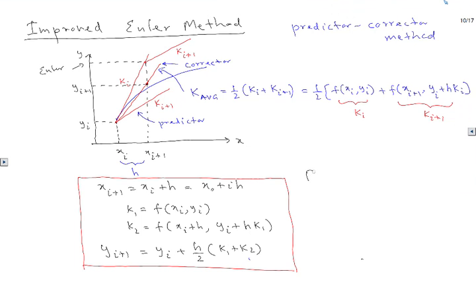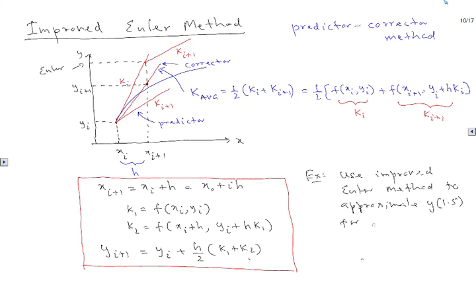Use the improved Euler method to approximate y at 1.5.